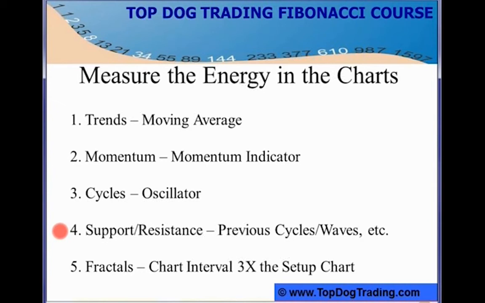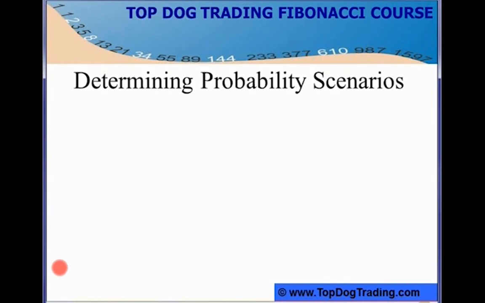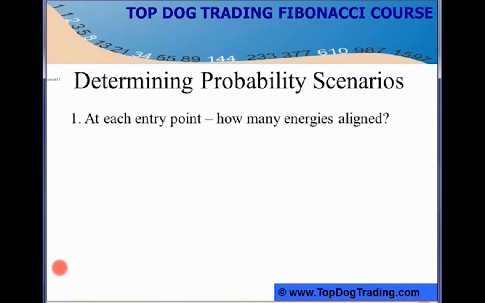Other ones, other support resistance levels, previous highs and lows. Again, floor trader, Fibonacci fits into this. And then the fractal energy is the 5th, and that's just using multiple time frames. So if I'm trading a setup on a daily chart, I would look at a weekly chart, and I would call that my fractal energy. So we use these things to determine probability scenarios, as I mentioned.